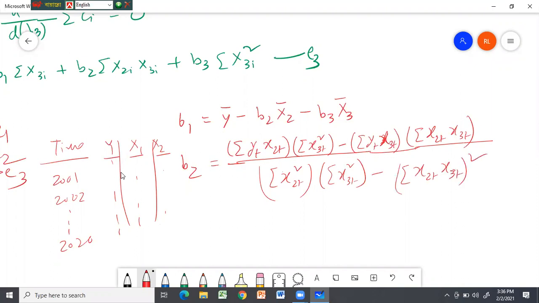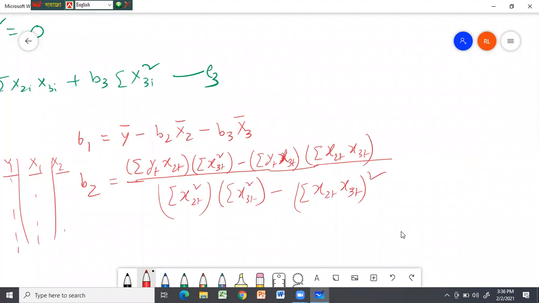Here everything is a small x and a small y. Small x and small y mean capital X minus x bar and capital Y minus y bar.